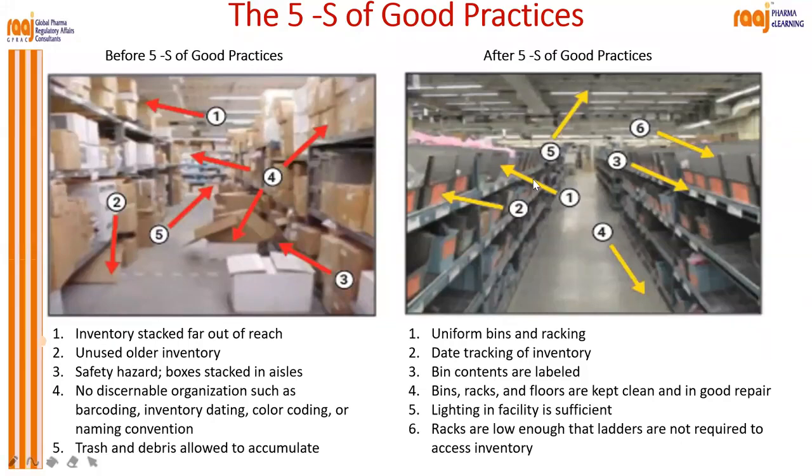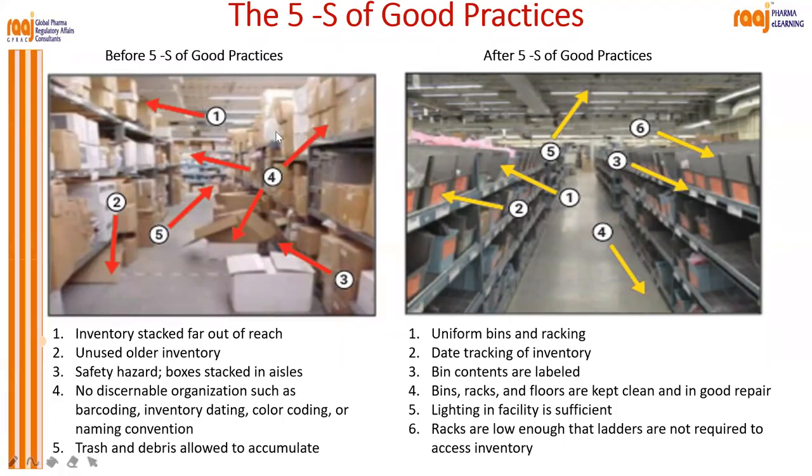Look at the right side. After 5S, uniform bins and racking, date tracking of inventory, bin contents labeled. You can see all are labeled and properly stacked. Lighting in the facility is sufficient. Racks are low enough that ladders are not required to assist in inventory.